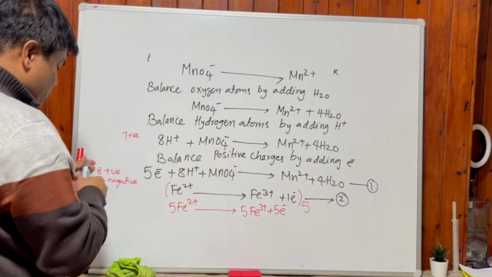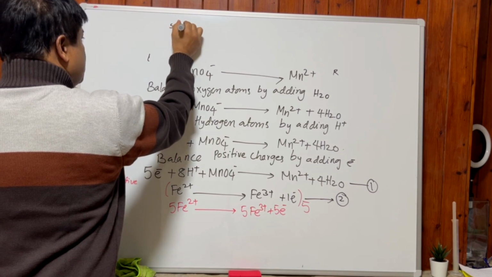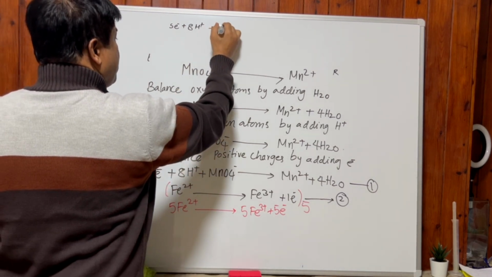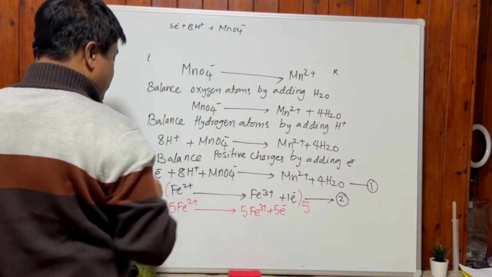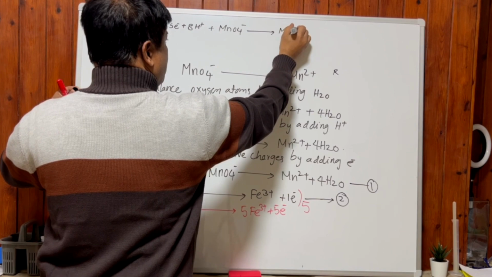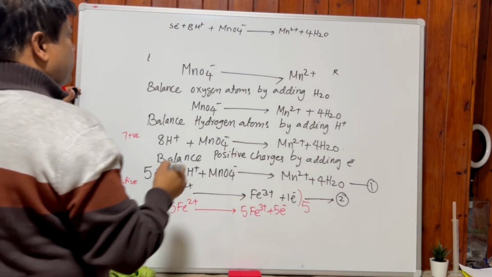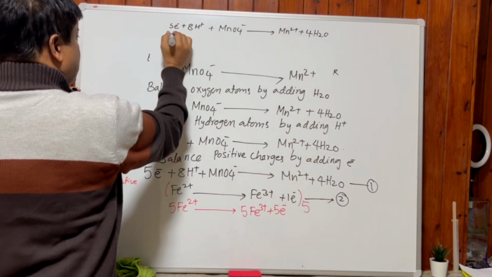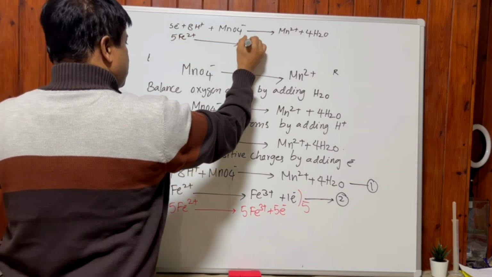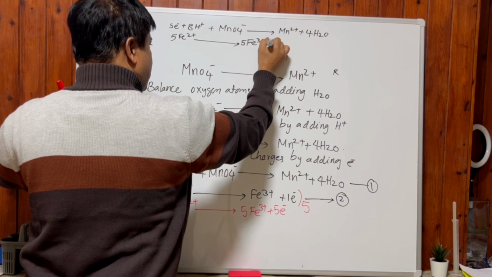I want to rewrite these two. 5 electrons plus 8H+ plus MnO4- becomes Mn2+ plus 4H2O. That's my one equation. Another equation, 5Fe2+ becomes 5Fe3+ plus 5 electrons.